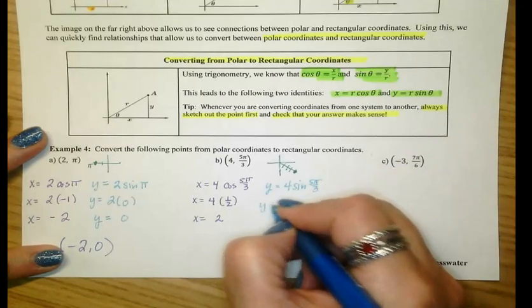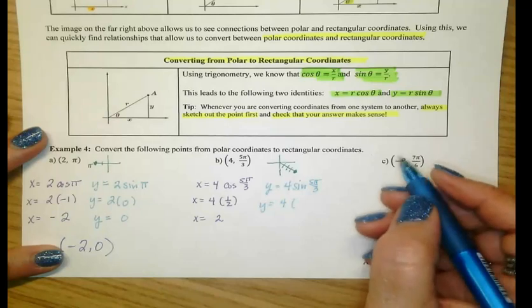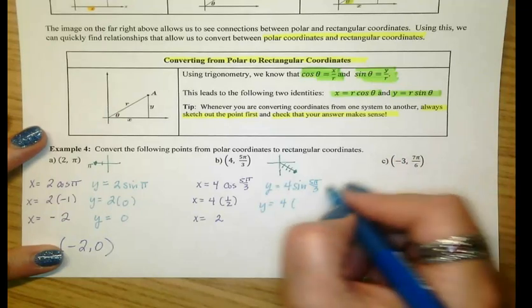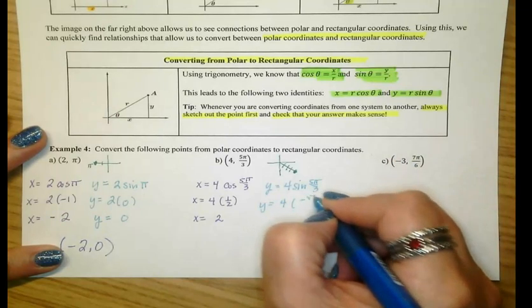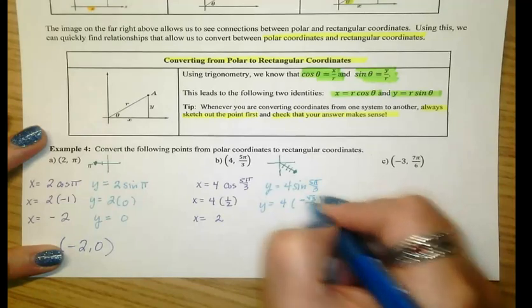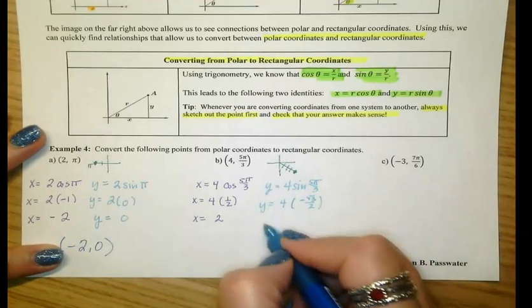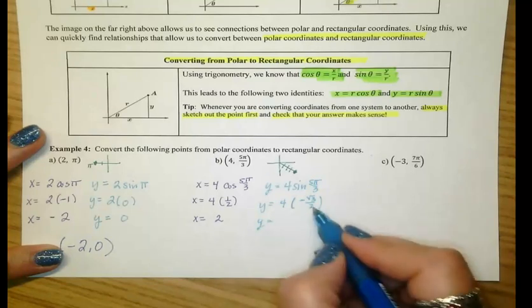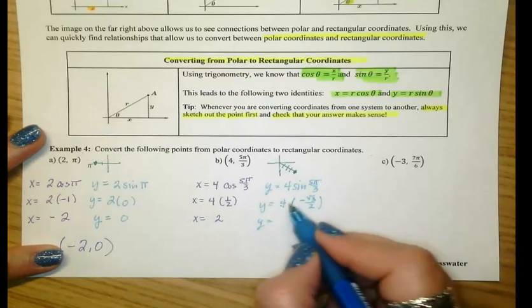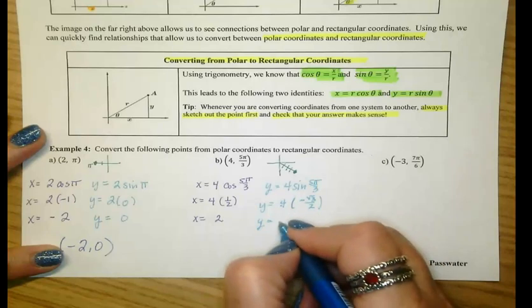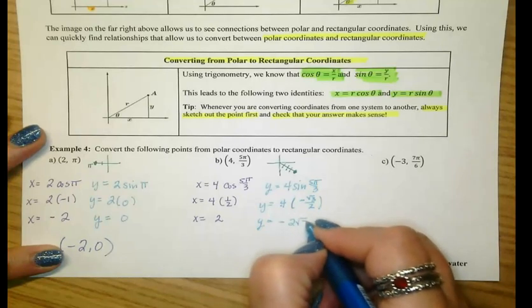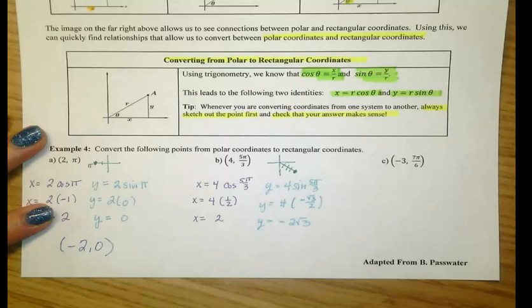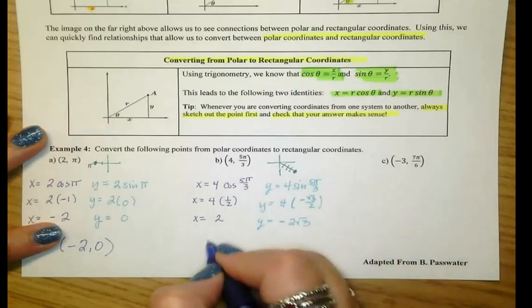And so y equals 4 times, and sine of 5 pi over 3 is -√3 over 2. When we simplify for our y, 2 goes into 4 two times, and 2 times -√3 is -2√3.